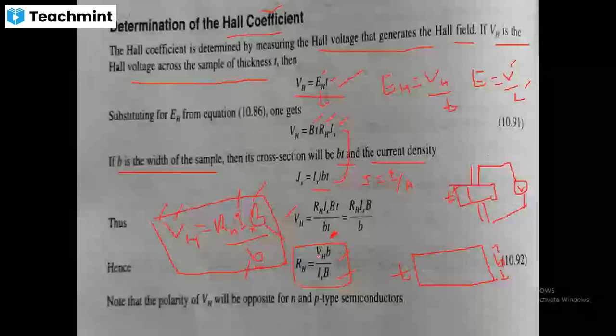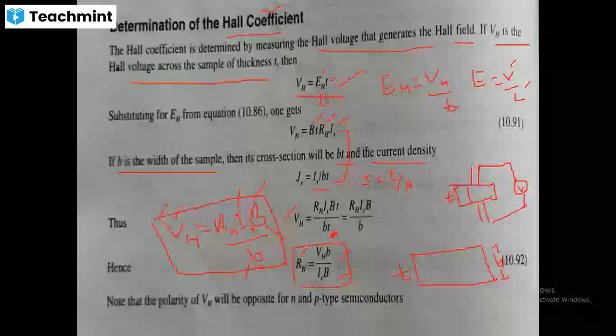So from this expression, you can calculate the so-called Hall coefficient. What is VH? The voltage developed, which is measured using a voltmeter. What is b? Breadth of the conductor, which can be measured. What is I? Current flowing in the conductor, which is known to us. What is B? The applied magnetic field. So by knowing all these, we can determine the Hall coefficient RH directly, right?